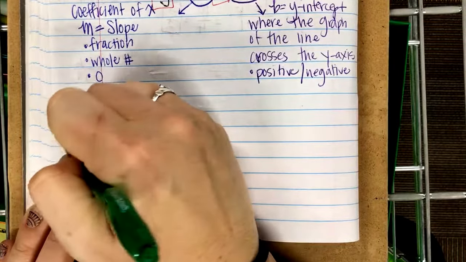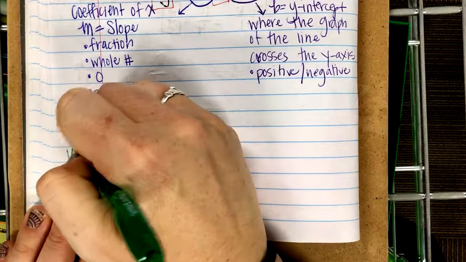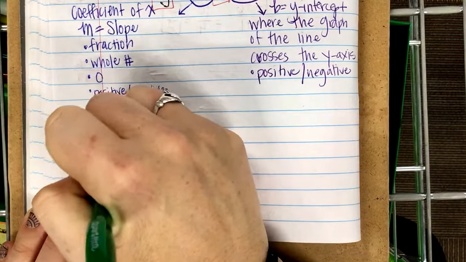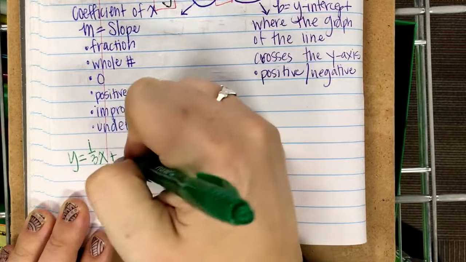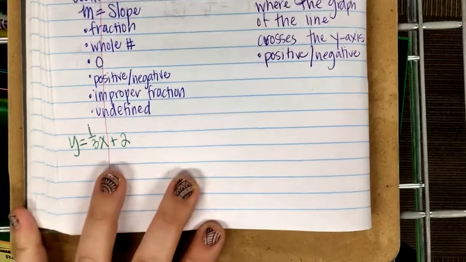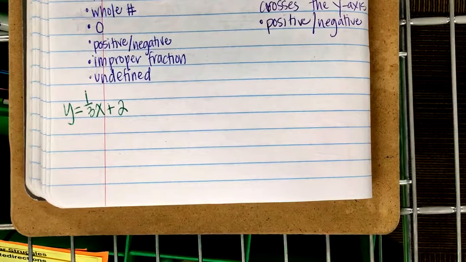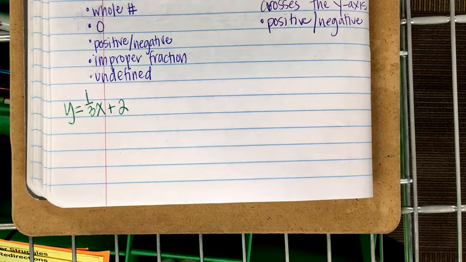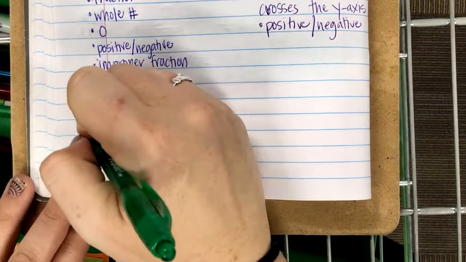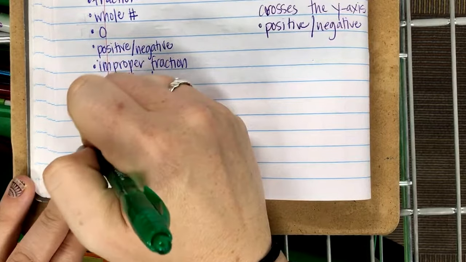Here's your first problem. Y equals 1/3 x plus 2. I want you to tell me my slope and my intercept.